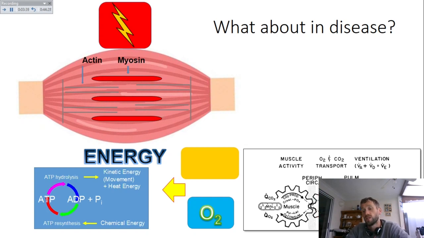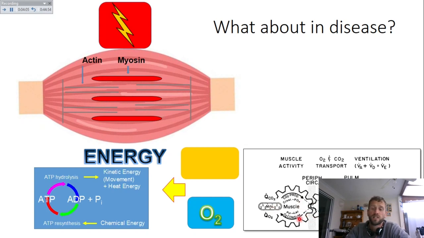If we've got lung disease, say COPD or any other lung disease, that's going to impact how well you can ventilate or how well air can diffuse from the lungs into the blood. Well, in those individuals, their limiting factor is probably going to be at this part here. They're not going to be able to ventilate and diffuse enough oxygen into the blood, and therefore delivery is going to be limited. So lung diseases might be more around here.